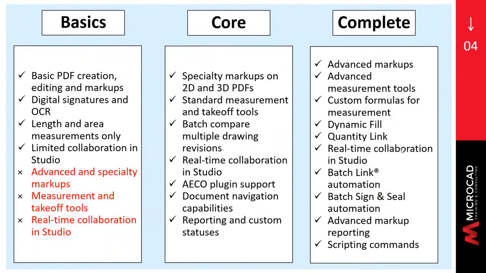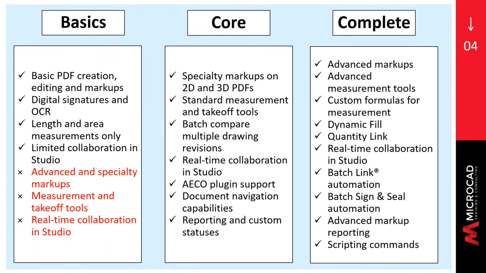So for that basic version of the software, Review Basics mainly is going to allow us to continue with that PDF creation. We are going to use the digital signatures using area measurements and lengths, right? But they are going to be pretty basic, right? And we are going to have a limited collaboration using Studio.